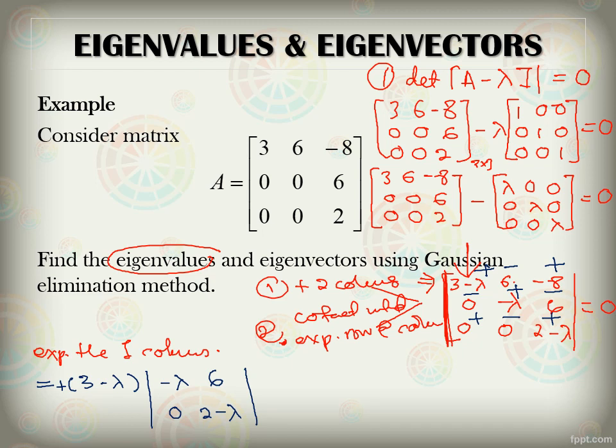Next is minus 0, you multiply with whatever submatrix, this will be 0. Next is plus 0, the same goes to this one, you multiply with whatever submatrix, this will be 0. So now you just need to solve for this.